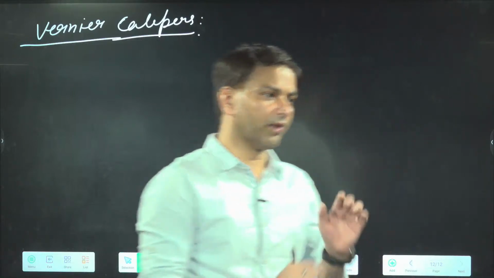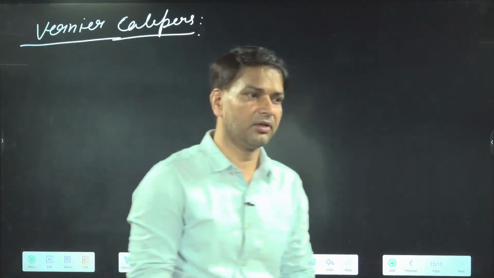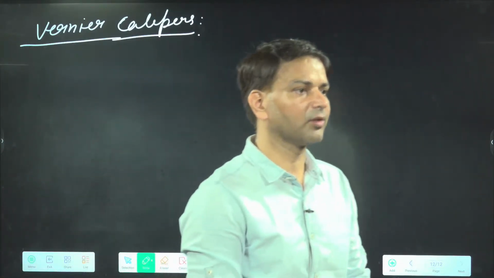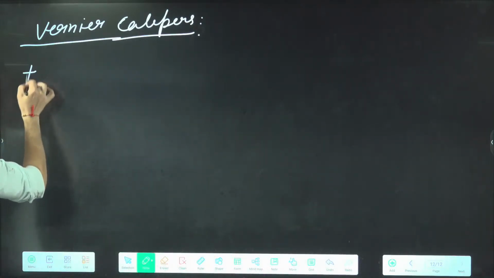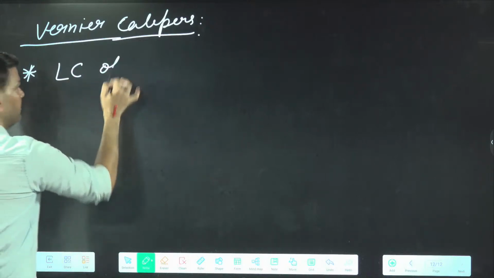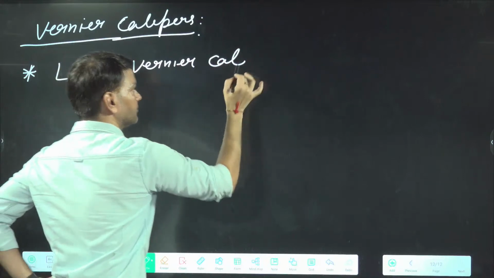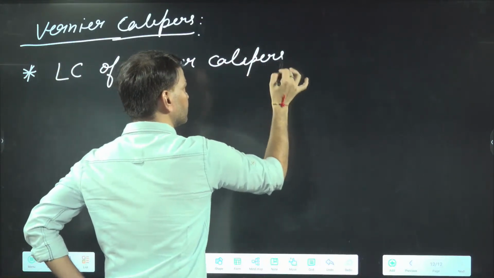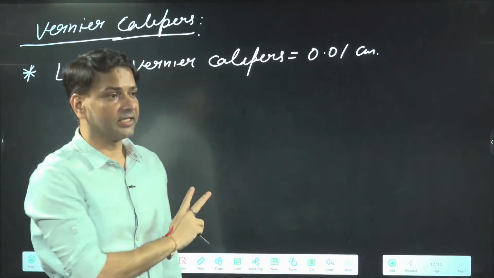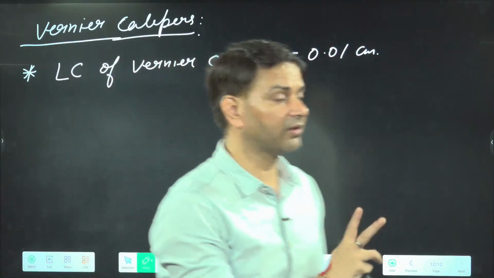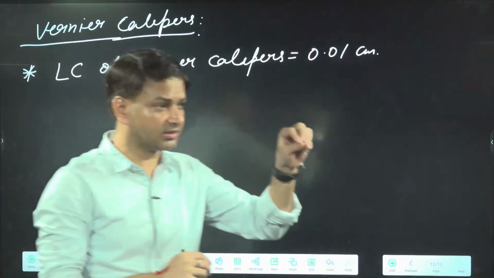Okay. So in a vernier calipers, if you have seen, there are 2 scales. What I'm writing here is the vernier calipers we use in a lab. But in a numerical problem, this data may change.